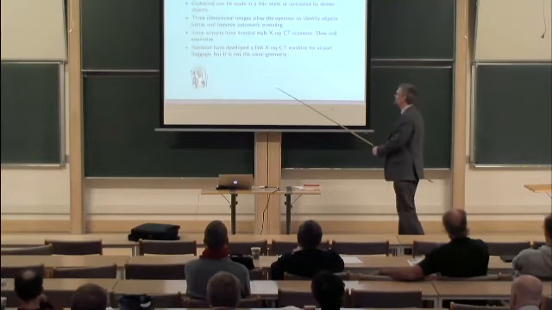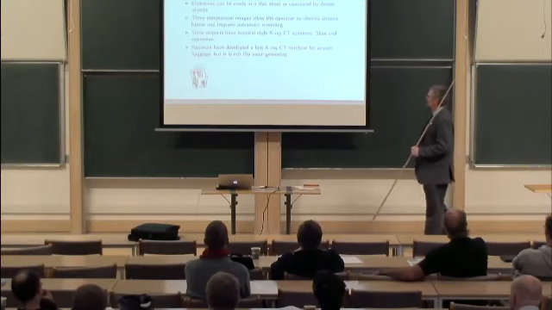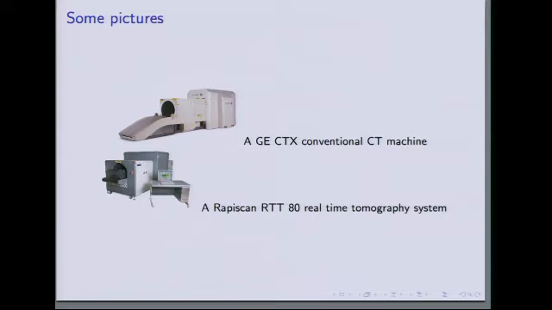So Rapiscan developed a very fast X-ray CT machine, and the idea was you just put all the bags through a CT machine, and it was fast enough to do that. The bags go through at about 0.5 meters per second on the conveyor belt, and that's much faster than a typical hospital. But to achieve that speed, the geometry was different.